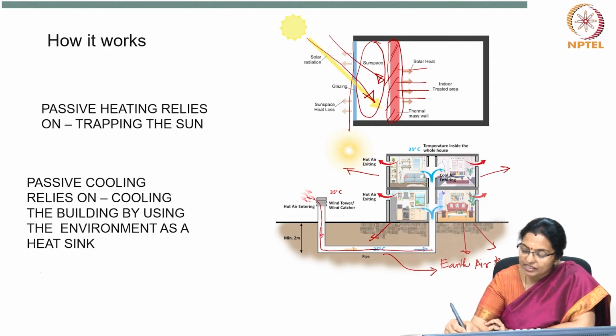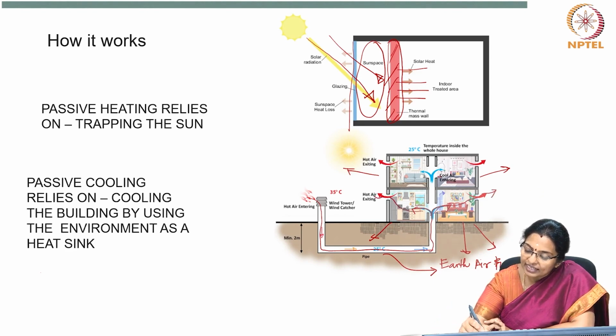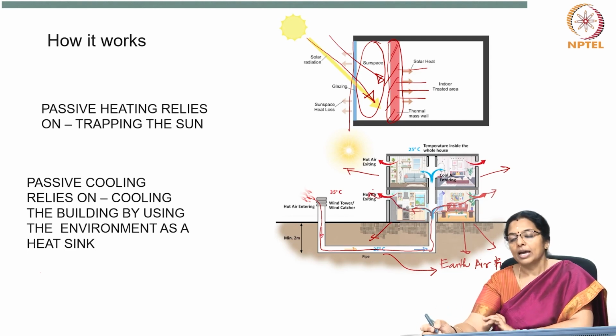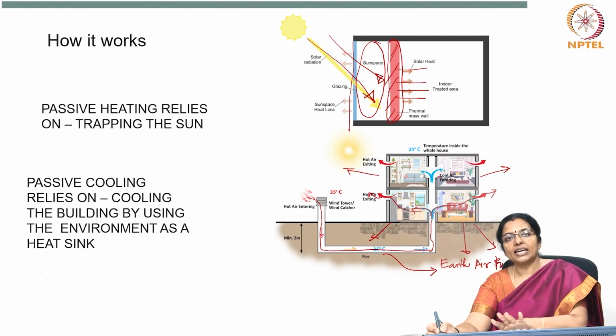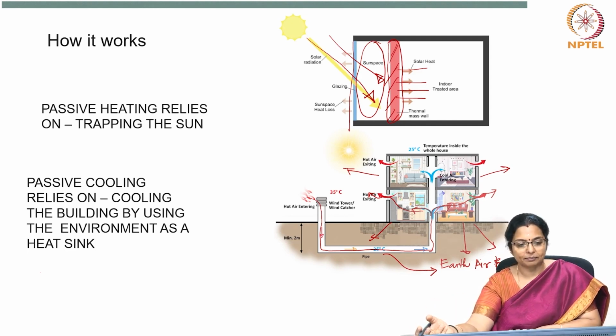In this process, the hot air becomes cool air and this gets siphoned inside the building. The inlet is at a lower level, therefore warm air, which is lighter, tends to rise and escapes out. These techniques I will handle in detail in the next few classes, not immediately next, but in the forthcoming classes.